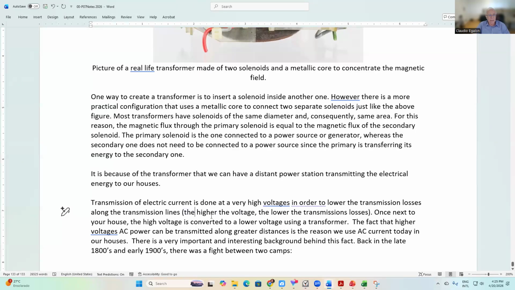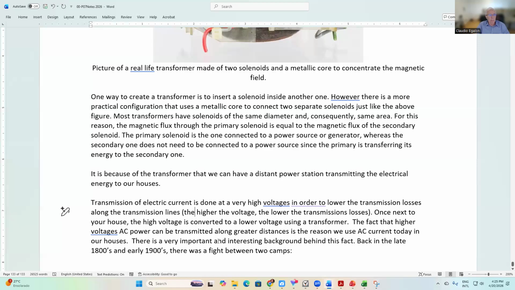We transmit electricity using higher voltage to lower the transmission losses. When it gets nearby your house, we convert it into a lower voltage to make it usable for us and make it safe also for us to use it. The fact that higher voltage AC power can be transmitted along long range is the reason why we use AC current today in our houses instead of DC current.